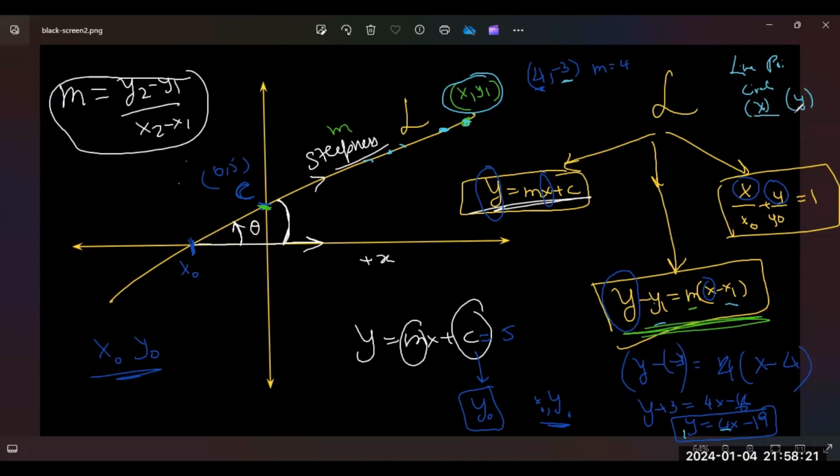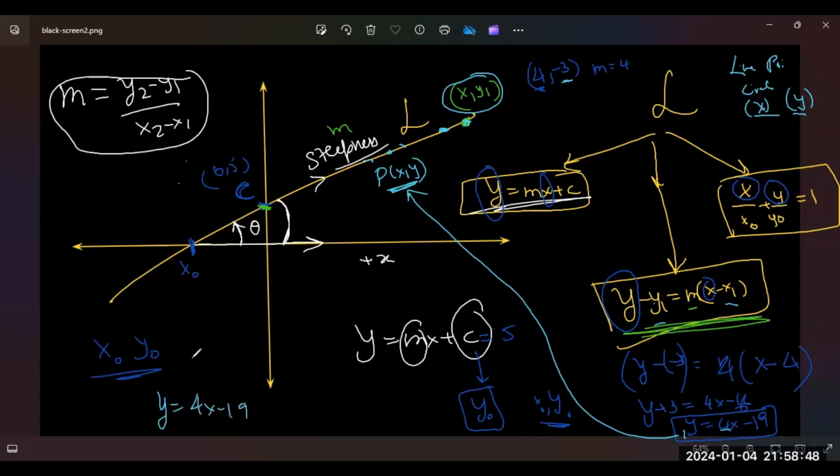So these x and y are just dummy variables here. They are not to be substituted, but what they actually mean is, if I take any general point P called (x, y), what is the relationship between them? Then it means if it lies on the line, it satisfies this equation. What is the equation? y is equal to 4x minus 19.